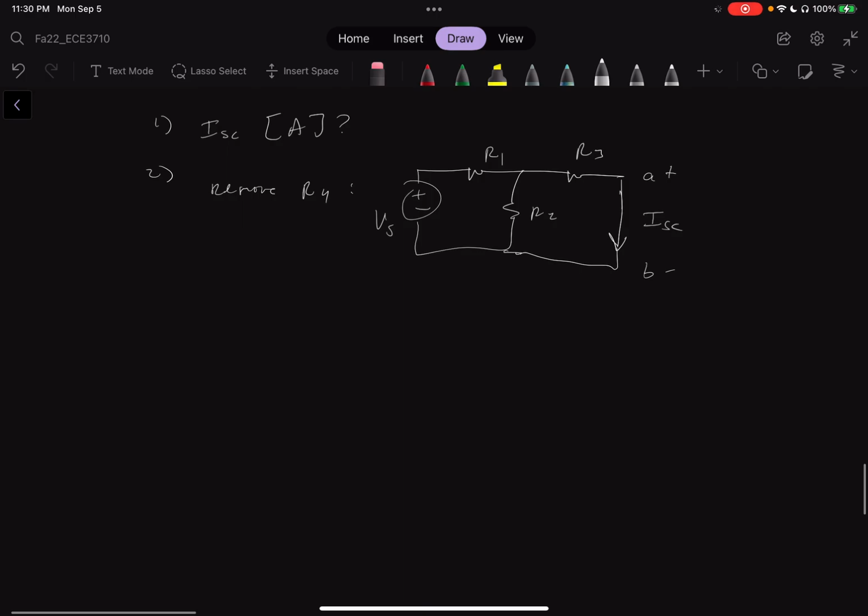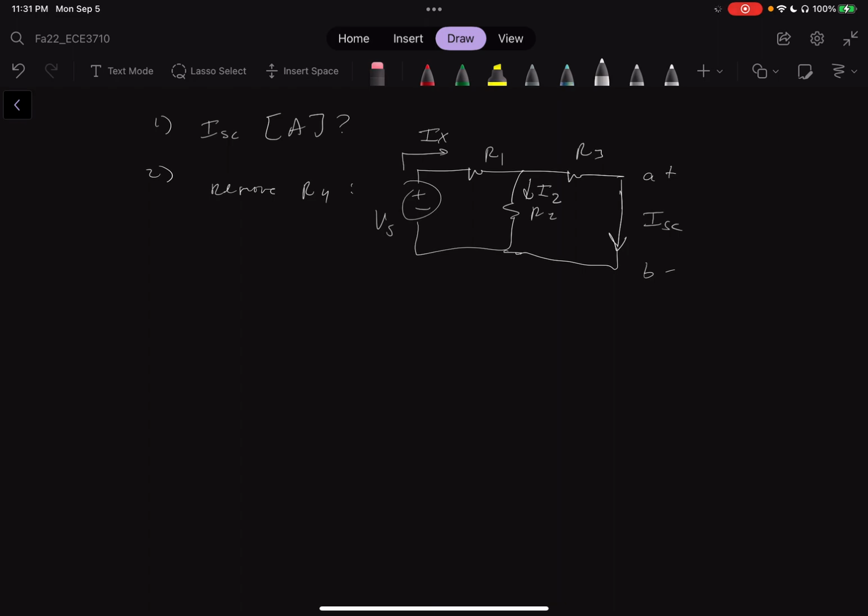Now we have to use laws or analyses. You can use mesh analysis if you want to. I don't like mesh analysis. I don't see how one can use node analysis. But my first impression is to do current divider law because I think of a current leaving the battery called IX. It flows to R1. It then splits between what I call I2 and ISC.